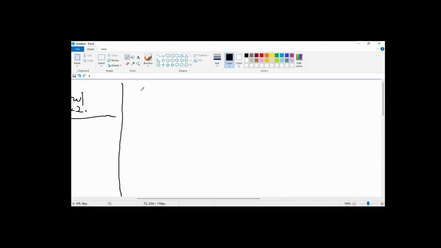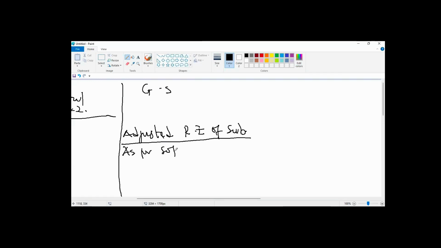How did they stand? I need to adjust it. Retained earnings of subsidiaries as per SOFP.